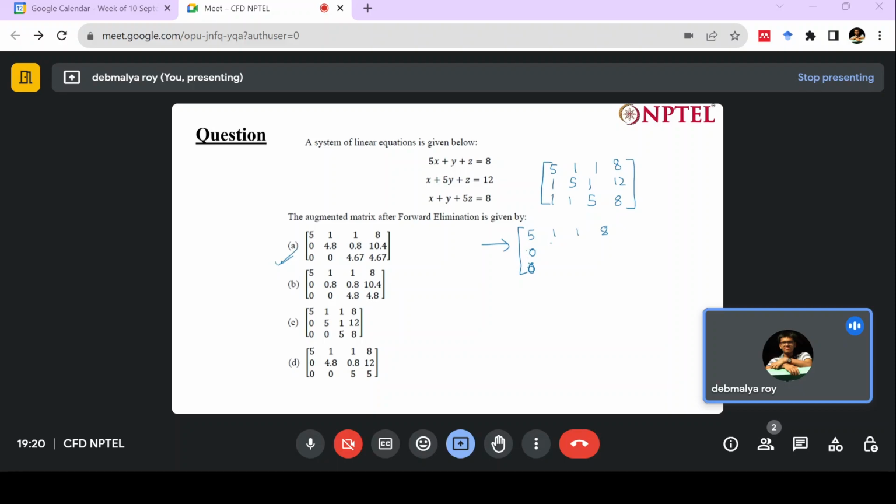So I have multiplied 1 by 5 and I will subtract it from 5. That would give me 4.8. This will give me 0.8. So 1 by 5 multiplied by 8 would give me 1.6. 12, if I subtract 1.6 from 12, that would give me 10.4.